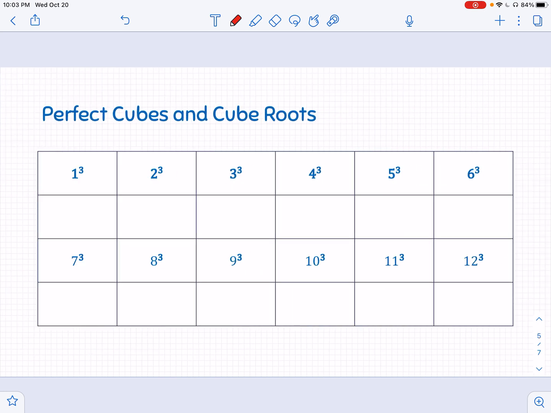However, with cubes, it's a little different. So I'm going to go ahead and give you these perfect cubes, and then I'm going to give you an example of why.